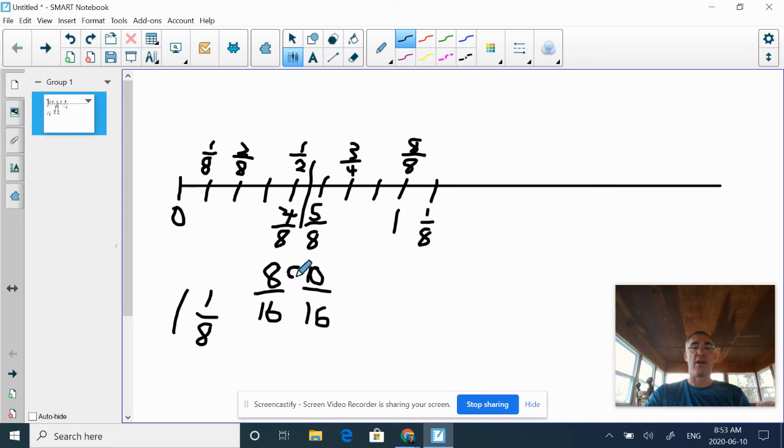Well, it's going to be the 9. And if I double that 4.5 over 8, what is 4.5 double? Well, it's 9. And so my answer in this particular case is going to be the 9/16 is going to be halfway between 0 and 1 1/8 or 9/8.